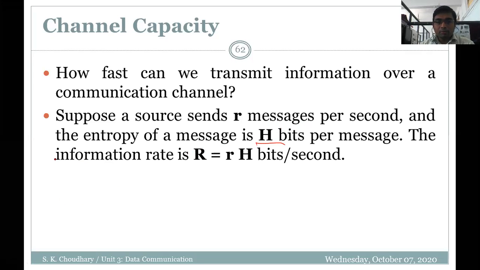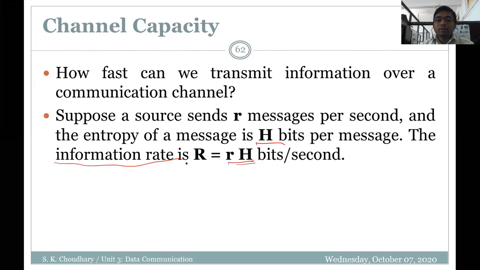In this way we can calculate the information rate as r into H bits per second, meaning we can transmit rH bits per second. So this is our information rate.